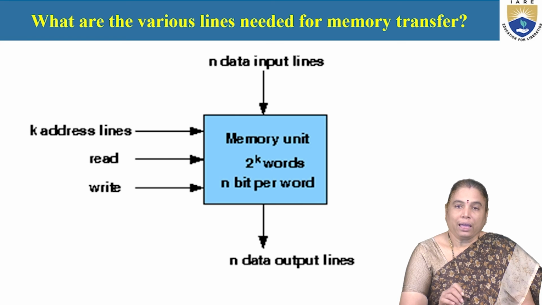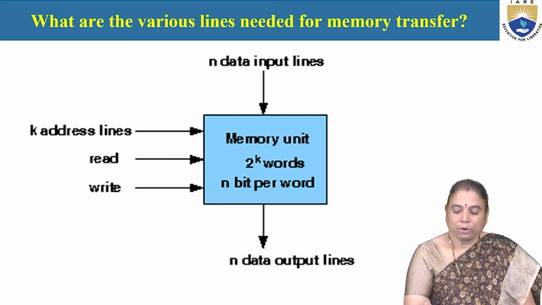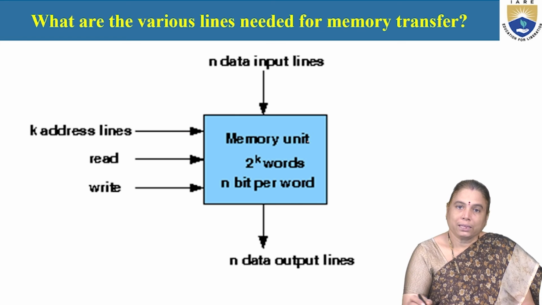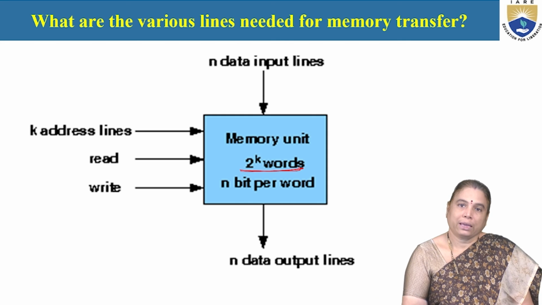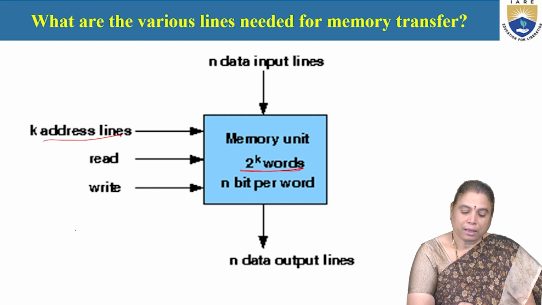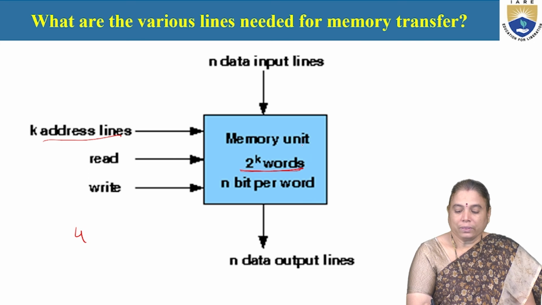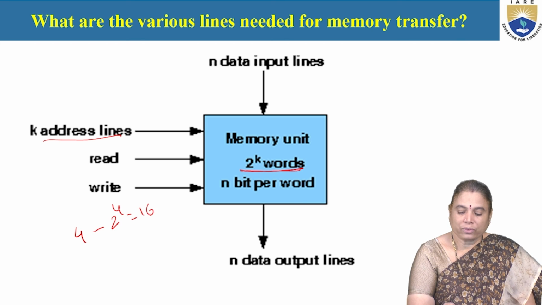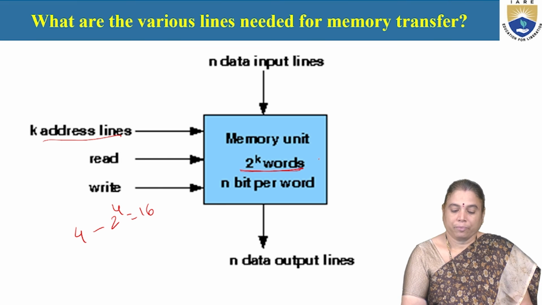If k address lines are connected to the memory unit, then the address space of this memory unit can be 2 power k words. For example, if 4 address lines are connected with the memory unit, the address space is 2 power 4, that is 16.